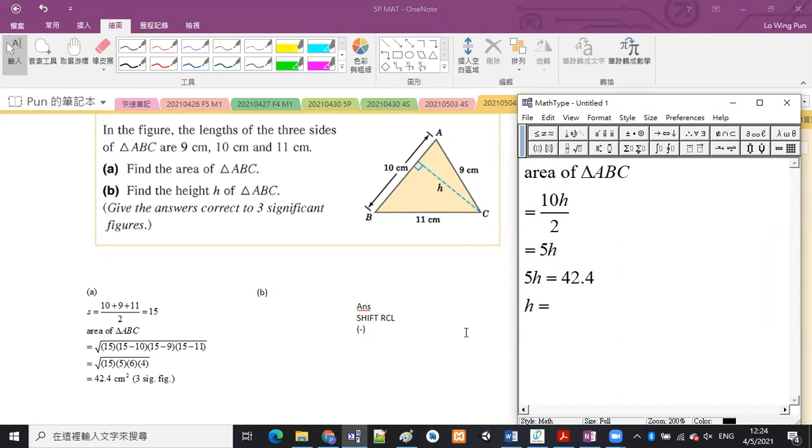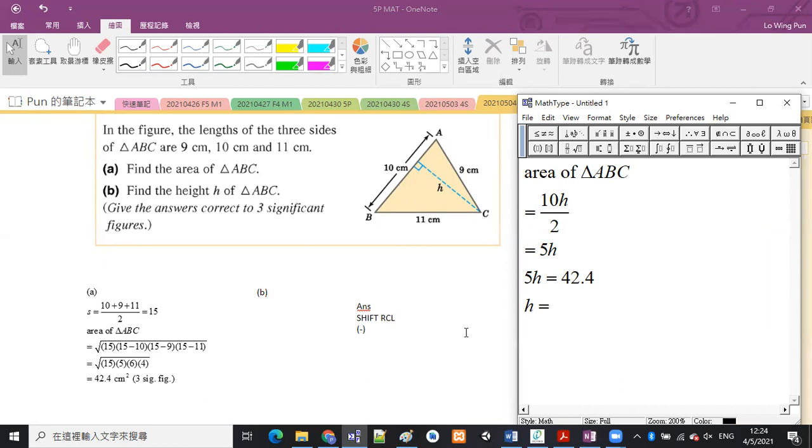Okay, we use memory A. How to call the memory A is alpha negative. Alpha negative. And you get the letter A from the screen. And then divided by 5.